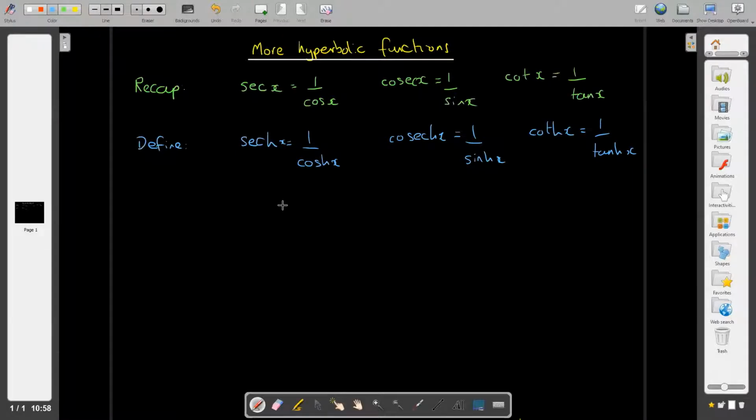In terms of exponentials, 1 over cosh would be 1 over (e to the x plus e to the minus x) over 2. If I simplify the fraction, I end up with 2 over e to the x plus e to the minus x. So sech x is equal to 2 over e to the x plus e to the minus x.